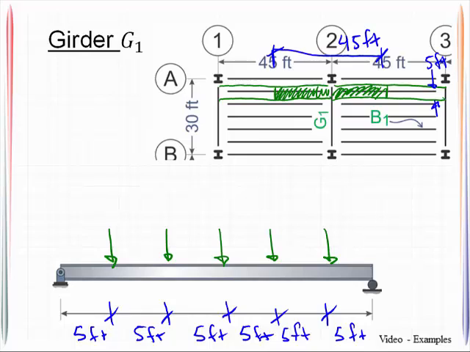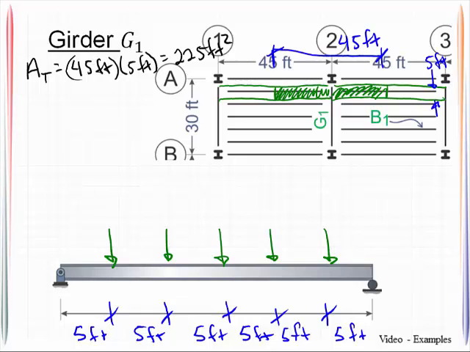Now this would be the tributary area to the girder, but of a single beam. Let's go ahead and actually compute that. 45 feet times 5 feet, we've seen this before, as being 225 feet squared.